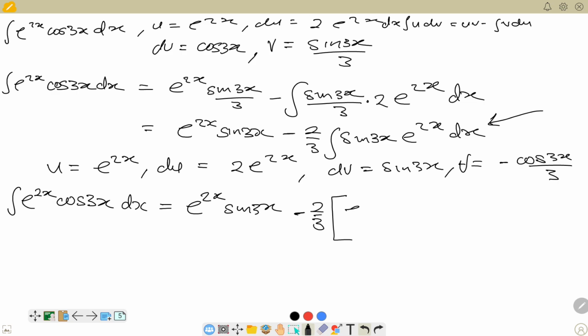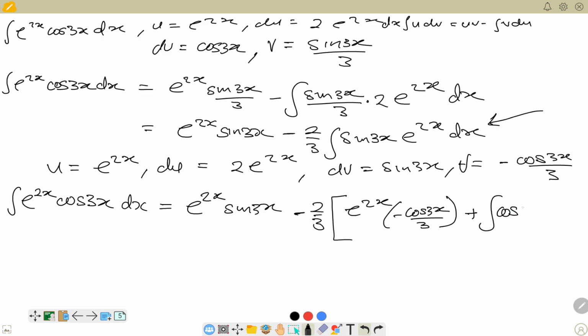So u is e to the power 2x. v, what is v? v is negative cos 3x over 3. Then integral of v du. So v is negative, so I can see that I can change this to be positive.